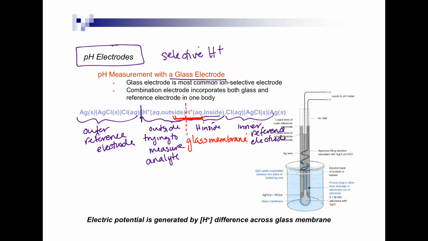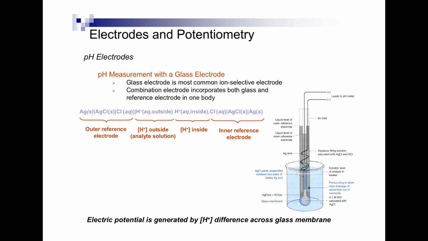Okay. Again, one of the things that's nice about a glass electrode is the way that they're built, it basically has the reference and the ion selective electrode in one thing, so you don't have to have two different electrodes. So I've just cleaned up the slide here, and I just wanted to show you where these things are.